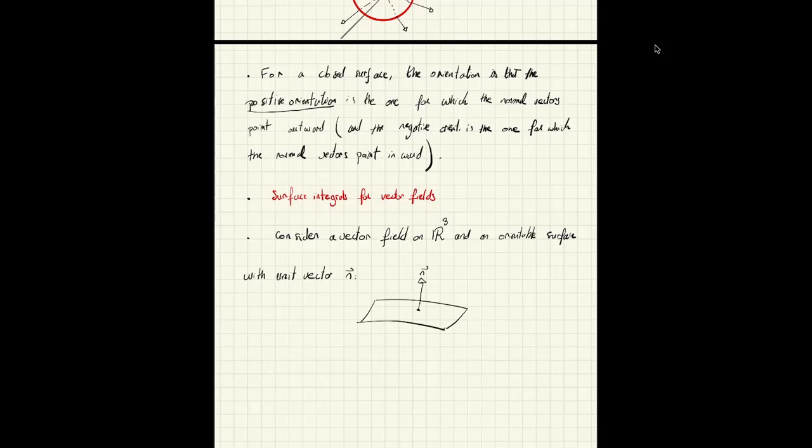So at this point I have a unit vector n, and I have a vector field f. And this is the point x, y, z.